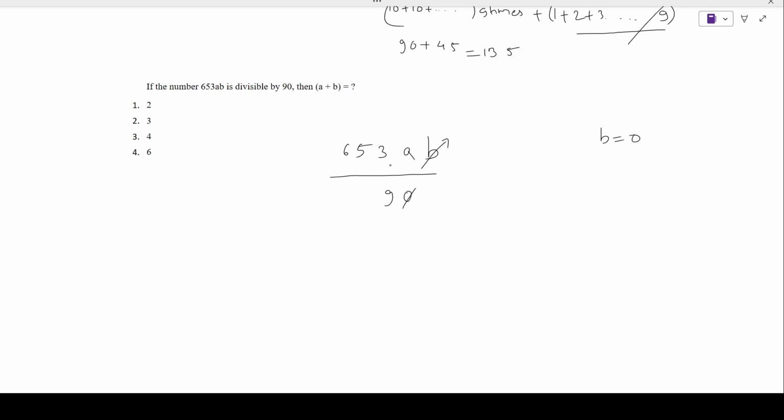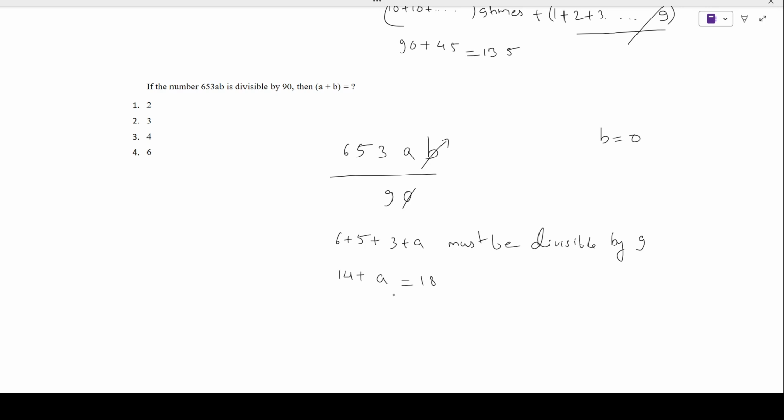Now this number 653a should be divisible by 9. For a number to be divisible by 9, the sum of its digits should be divisible by 9. 6 plus 5 plus 3 plus a must be divisible by 9. 6 plus 5, 11 plus 3, 14 plus a. 14 plus a is divisible by 9, and the nearest number is 18.